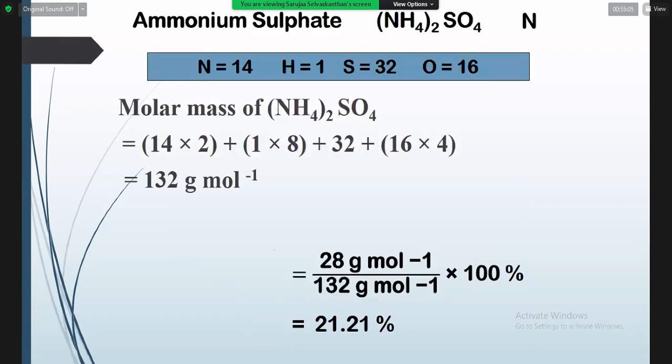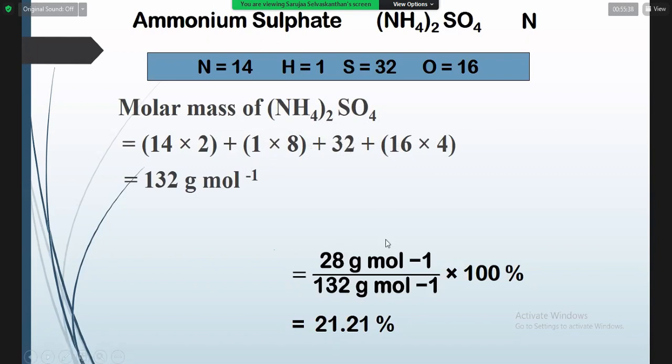Then ammonium sulfate. This is the formula: (NH4)2SO4. Here N14, H1, S32, O16. Then molar mass: 14 into 2, we also have 2 nitrogen. Hydrogen 4 into 2 is 8. Then sulfur 1 into 32 and oxygen 4 into 16, altogether 132 gram mole minus 1.